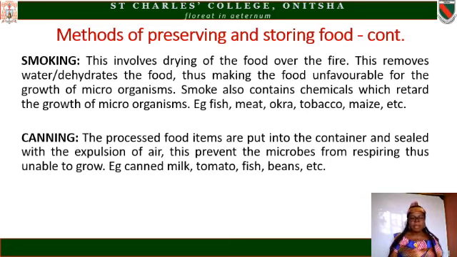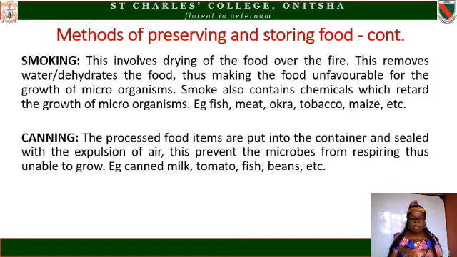All right? Now we look at canning. In this canning, you first of all process your food. After processing it, you put it in a container and seal it, expelling the air, so that this prevents the microorganisms from respiring. If there is any that has entered, it cannot grow because it will not have oxygen to breathe.